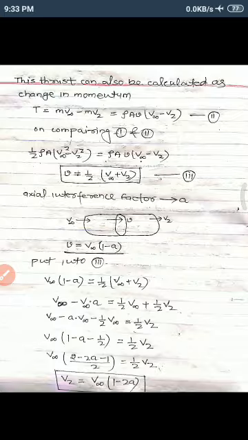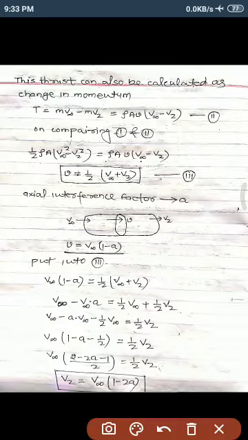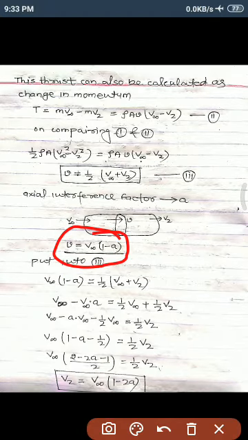For this, we will consider this equation where v is taken as V infinite into (1 minus A). This value of v we will put into equation number 3. Then we will calculate the value of V2.